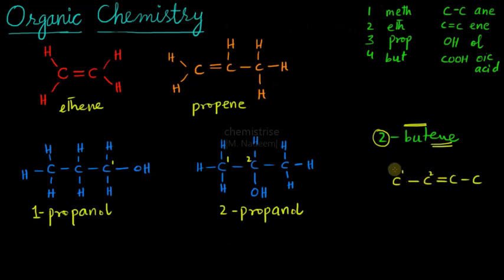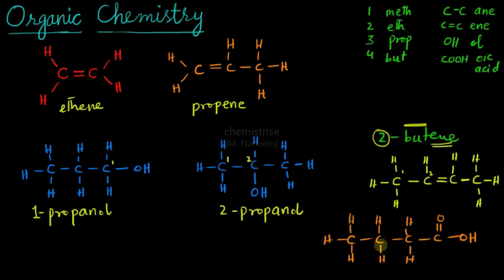Then the rest of the valencies will be fulfilled with hydrogen, so draw four lines around each carbon. Take 1, 2, 3, 4 around this carbon, 1, 2, 3 and then 4, and now we'll complete the valencies with hydrogen. So this is the structure of 2-butene.